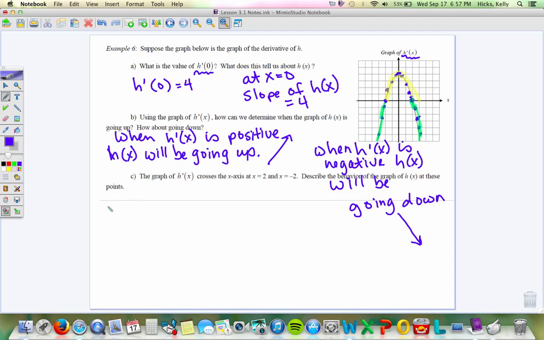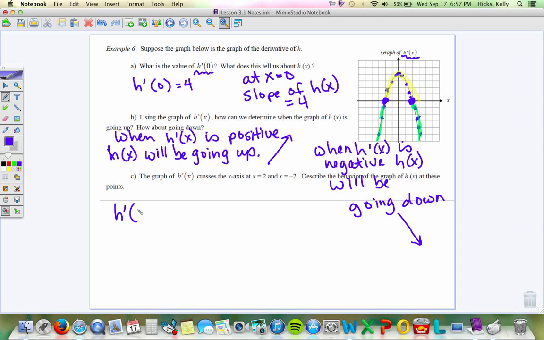Okay, let's look at part C. The graph of h prime of x crosses the x-axis at x equals 2, right here, and at positive 2 and negative 2. Describe the behavior of the graph of h of x at these points.